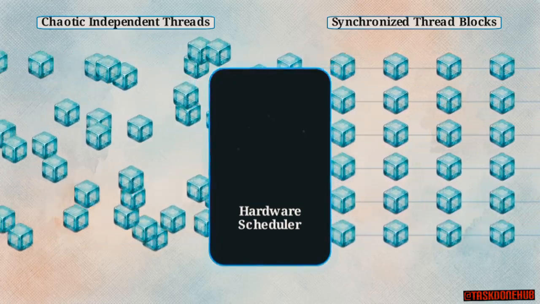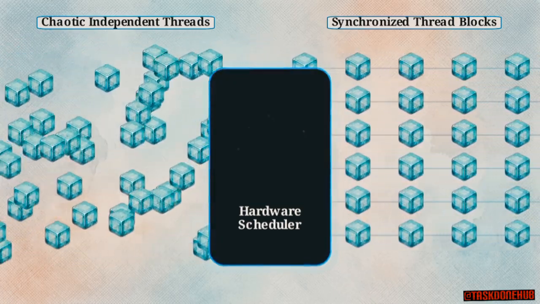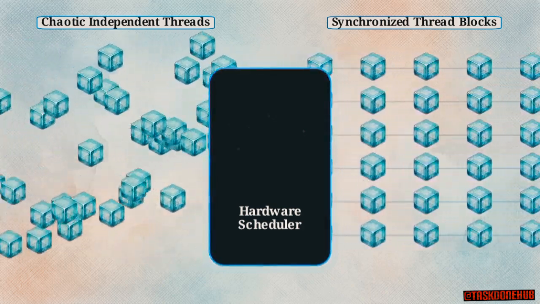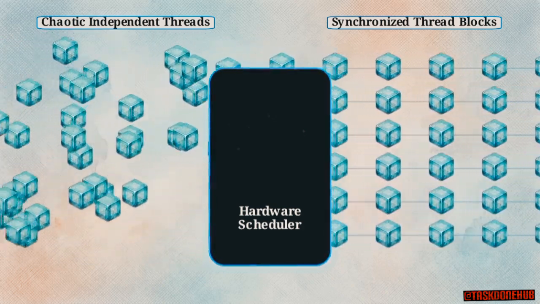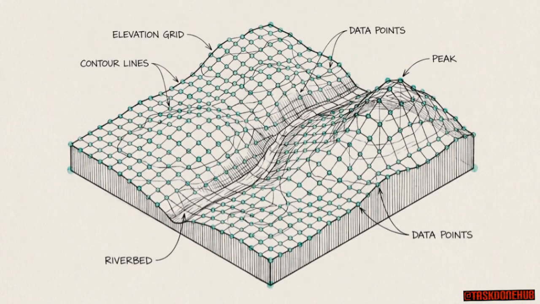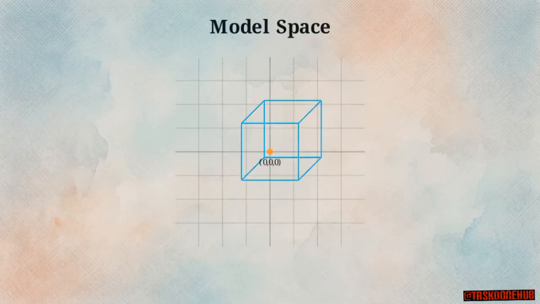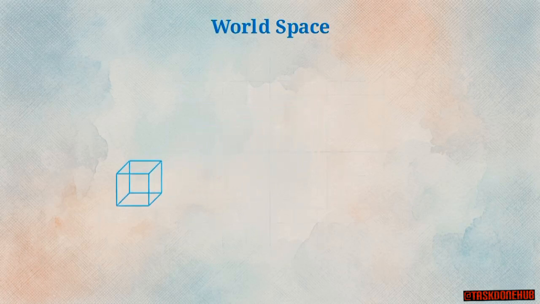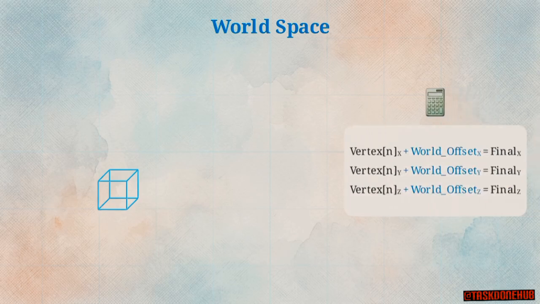The SIMT hardware scheduler operates as the critical mechanism that coordinates thousands of chaotic, independent threads into a synchronized parallel output. This architecture is specifically tuned for practical workloads like 3D vertex transformation. This animation shows a 3D wireframe object being mathematically converted from isolated local coordinates, model space, into a shared global grid, or world space.